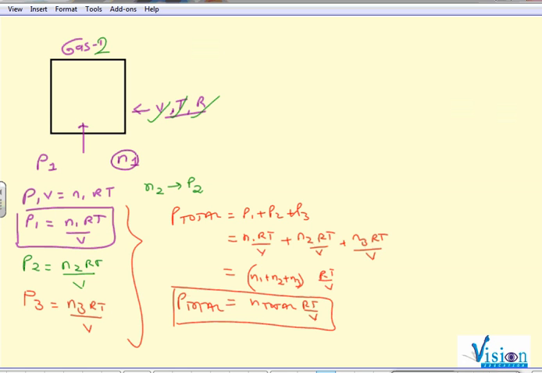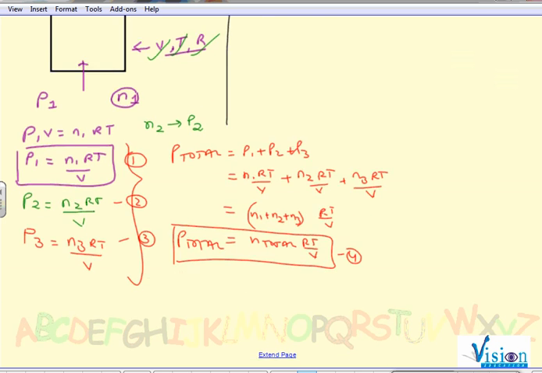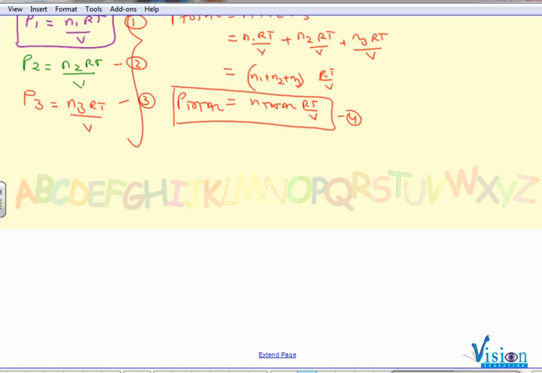Let's keep that aside. Now we have 4 equations: equation number 1, 2, 3 and 4. What do we see over here? We see a very simple relationship. Let me extend my image.